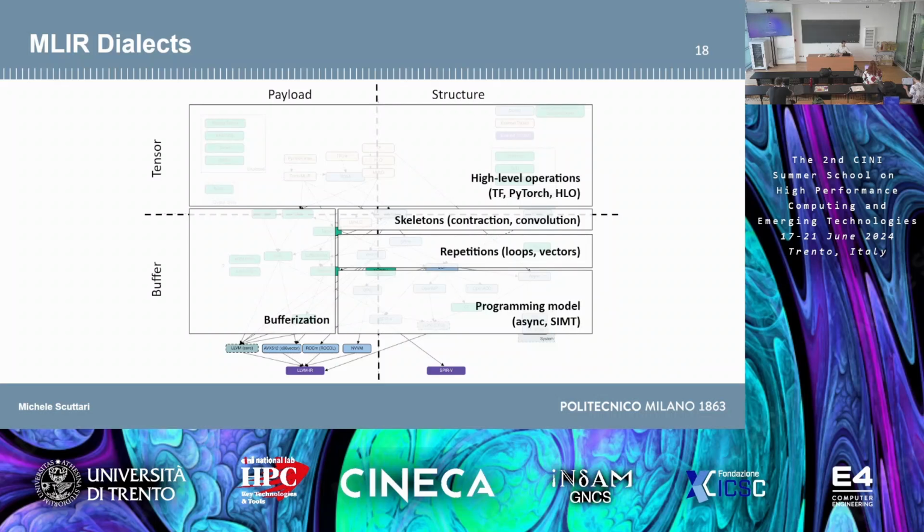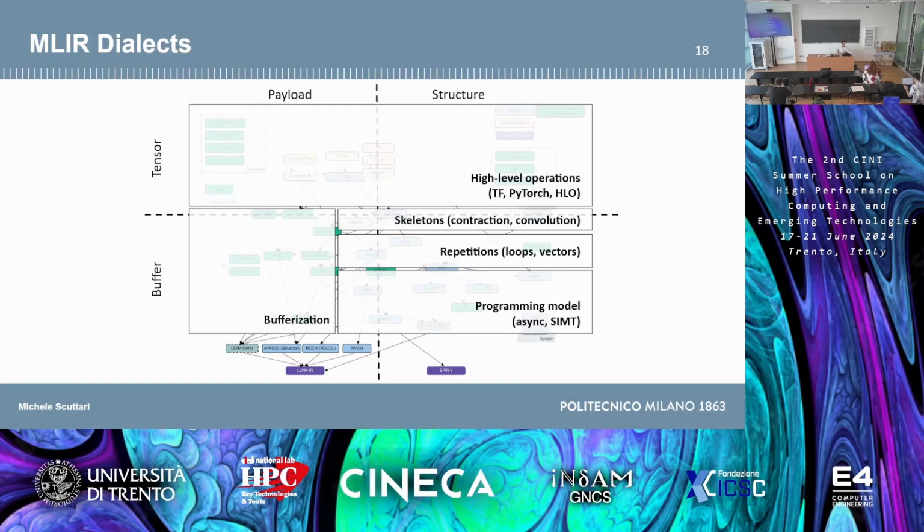Yeah, so the classification is that kind of structure. Yes, here there is also within the structural dialects an identification of higher level structural dialects that try to expose patterns in the program that can be identified and transformed.